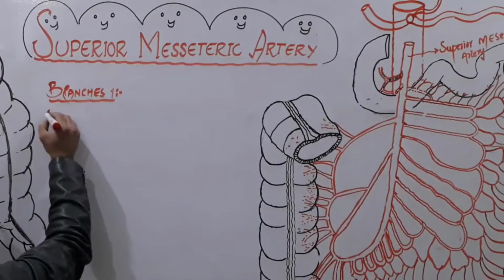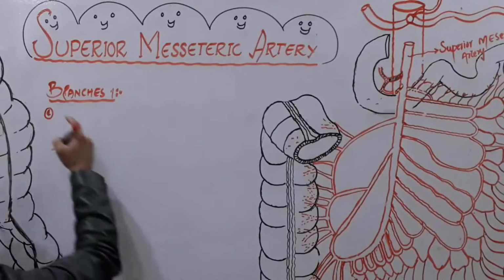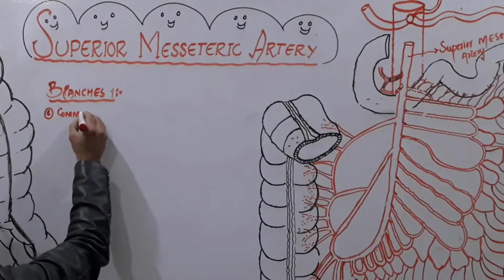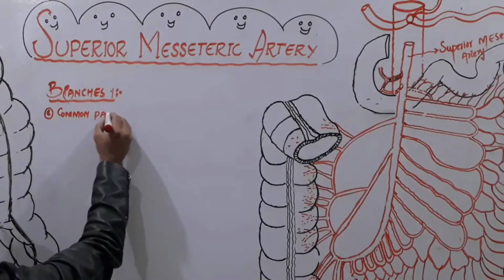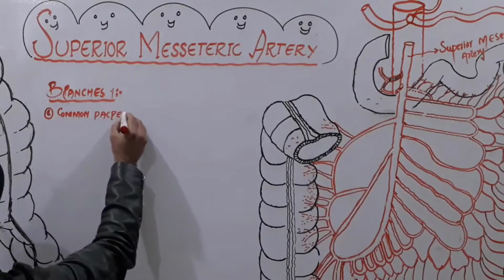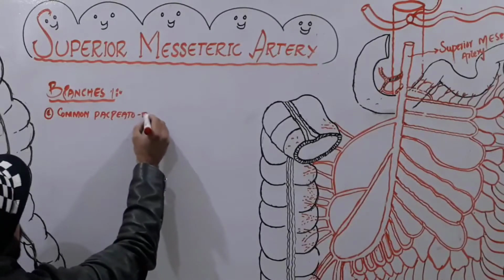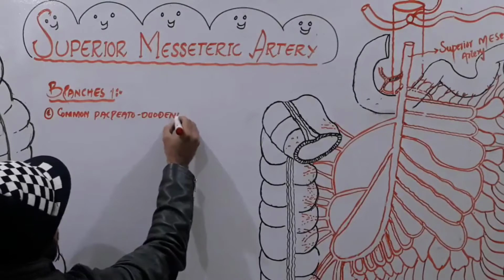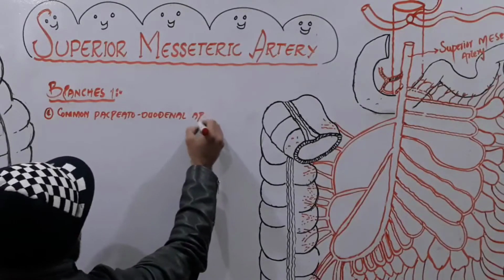So the first branch which arises from this superior mesenteric artery is called the common pancreato-duodenal artery.